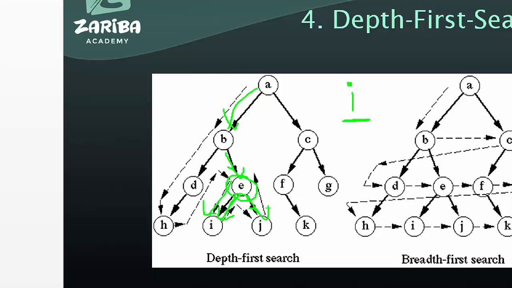Question? Go back to B if it's undirected edge. Well, no, these arrows here, they are just undirected here.